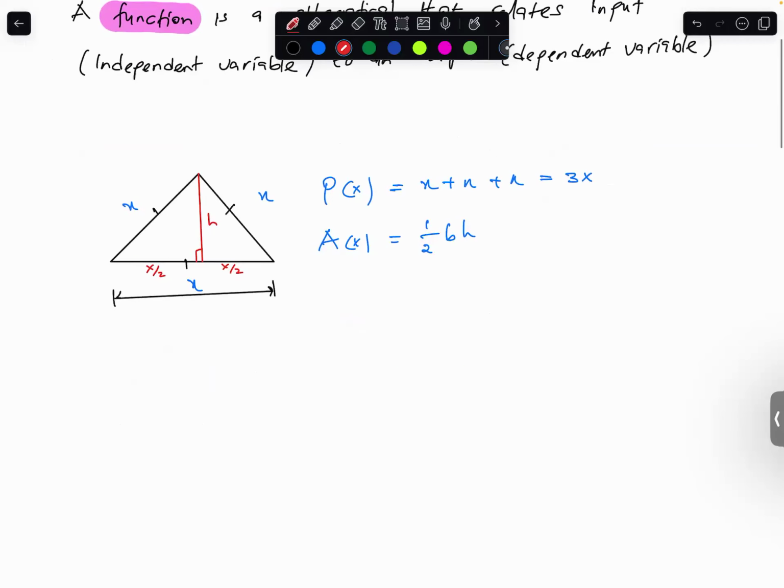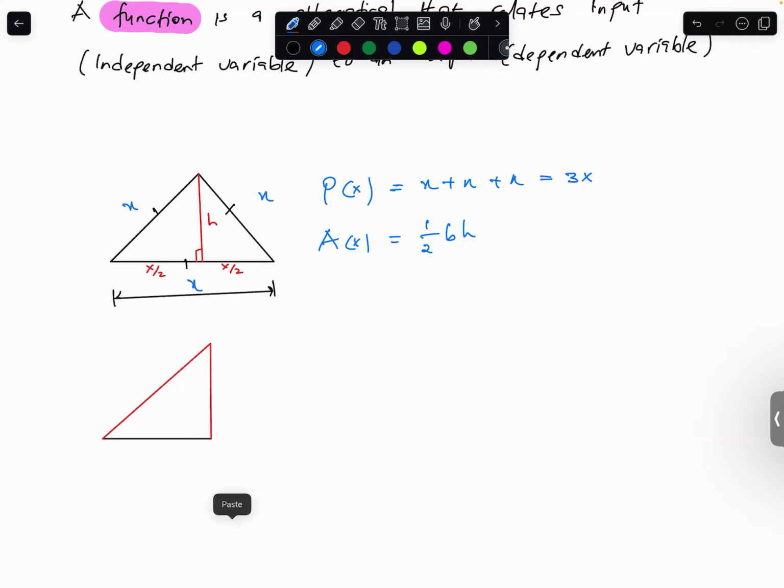If we consider the left-hand side of the triangle, we have something like this now. We have a base here. Let's draw the height in red. We have a height, and we have a hypotenuse for the triangle.